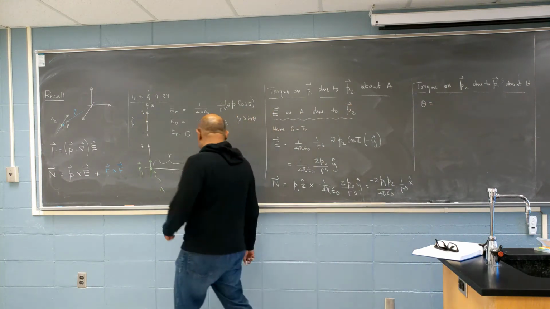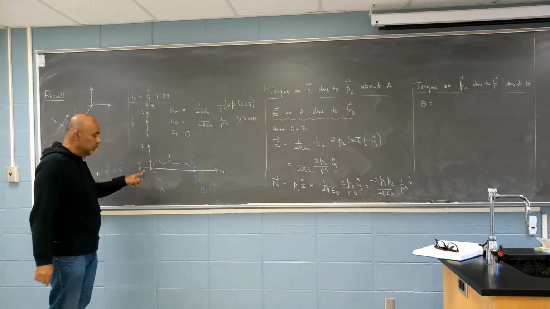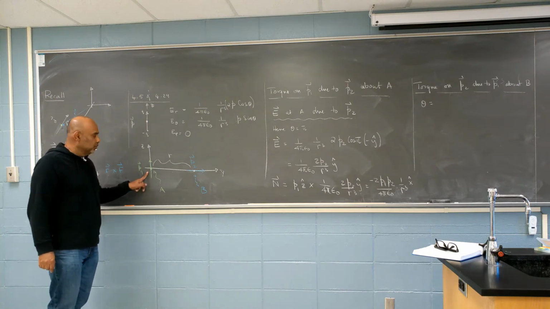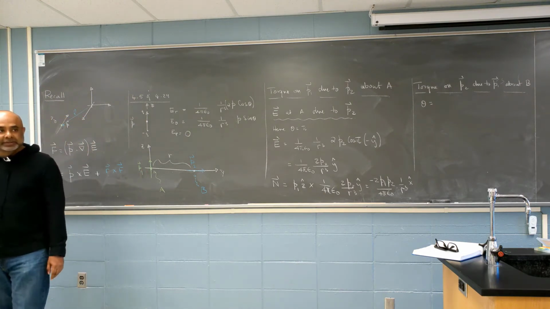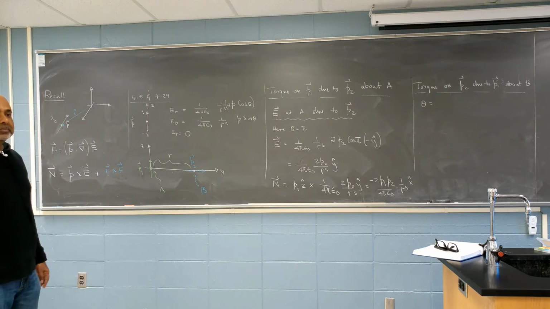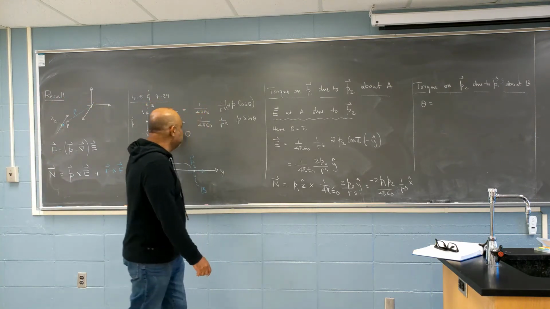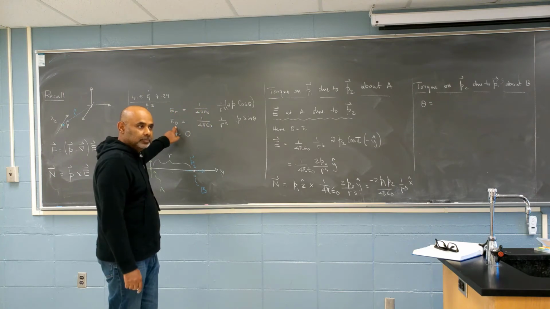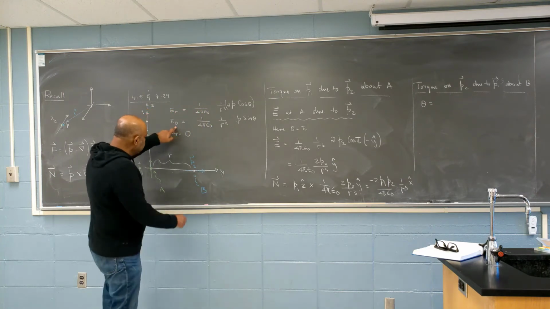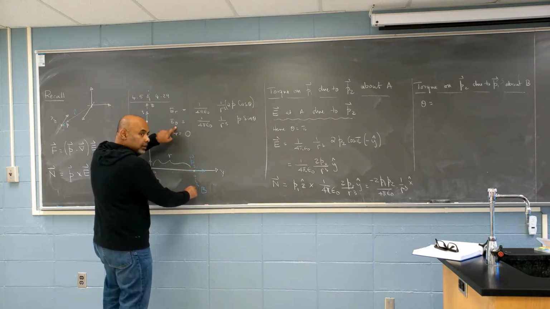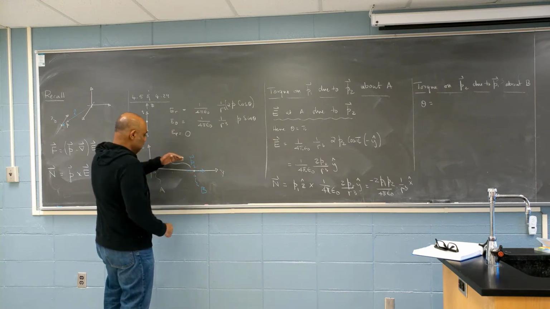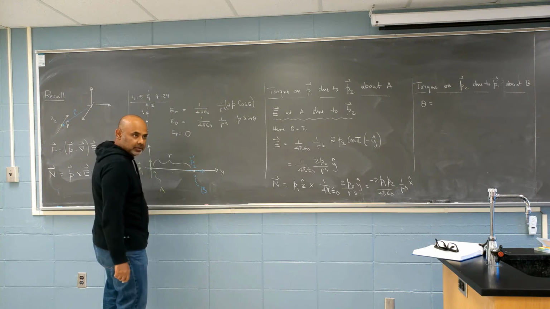The electric field at this point due to this dipole. So tell me now, what is theta? Pi over 2. And so it is E theta. Yeah? Now E theta points which way? Downward. Theta hat.